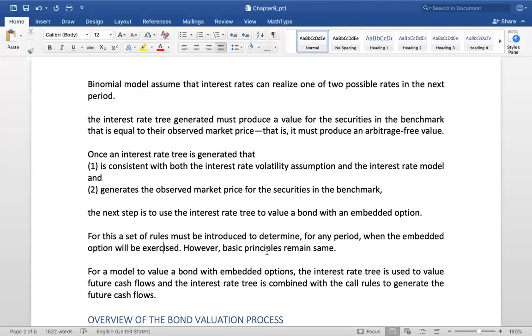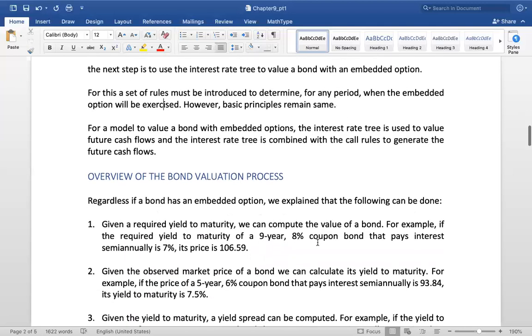For a model to value a bond with an embedded option, the interest rate tree is used to value future cash flows, and the interest rate tree is combined with the call rule to generate the future cash flow if it's a call option. Okay, the overview of the bond valuation process.